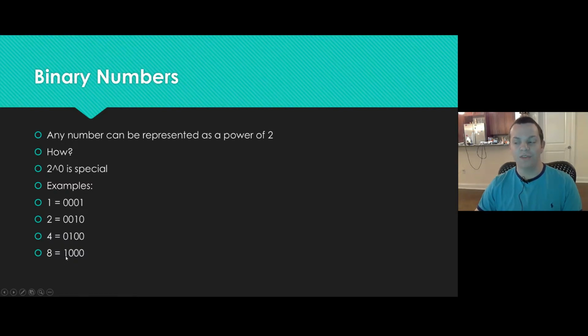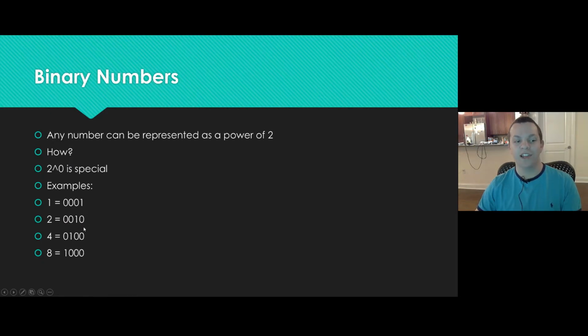So let's say we want to represent a number like 3, 5, or 9 that's in the middle of these. For the number 3, you would put a 1 here, so the number would become 0, 0, 1, 1.